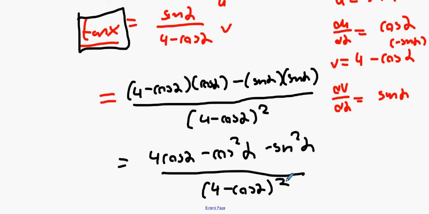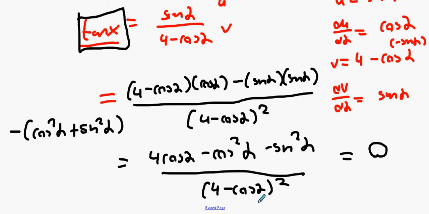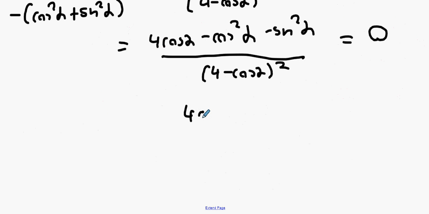Why do I not need to worry about the bottom part? It's going to equal 0. And because it equals 0, when it cross multiplies, it's just going to get rid of the denominator. Anyway, what's the deal with minus cos squared minus sine squared alpha? Yeah, it's minus cos squared alpha plus sine squared alpha, which is minus 1. So we're going to end up with 4 cos alpha minus 1 equals 0.